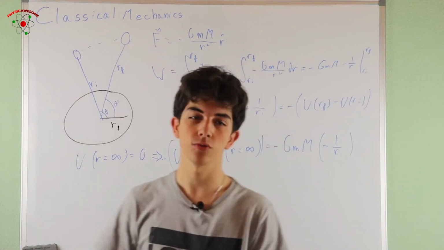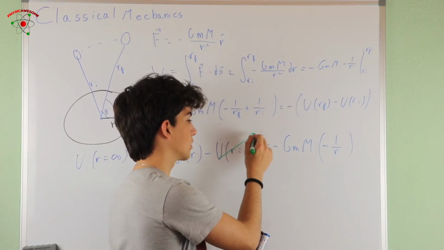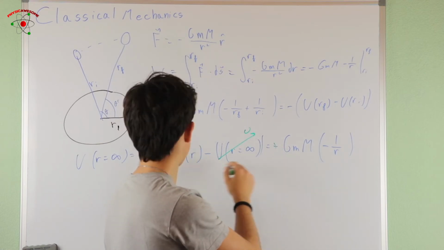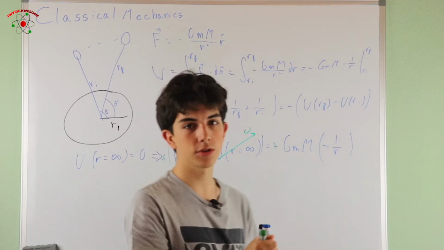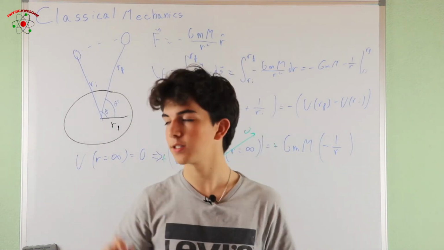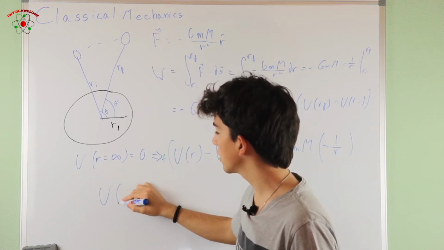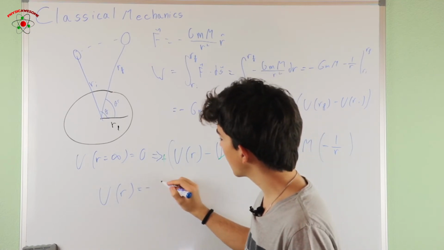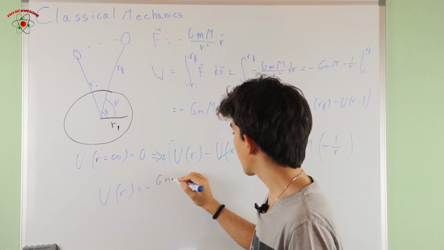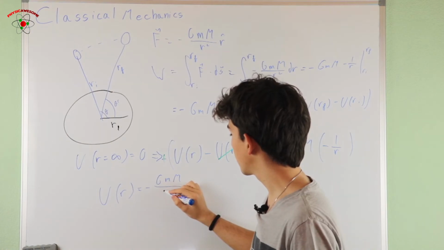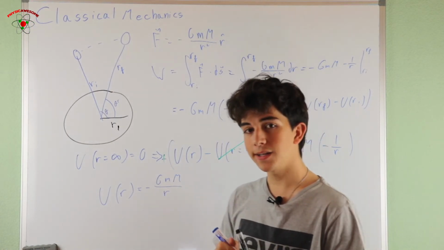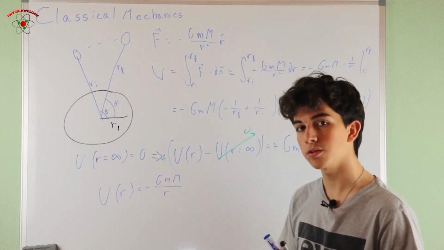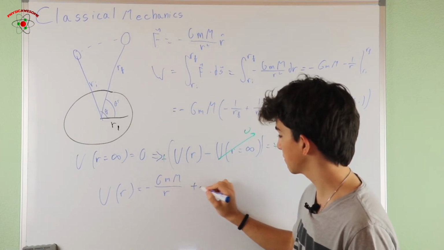Now we need to do some cancellations. This over here is 0, and this minus cancels with that minus. So what we get is that the potential energy at an arbitrary point due to gravity is equal to minus GMm over r.